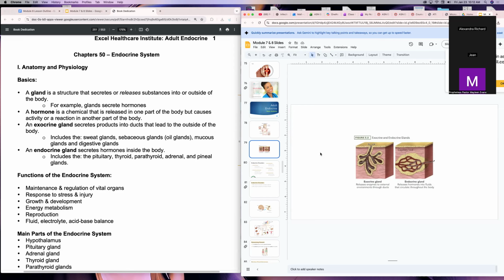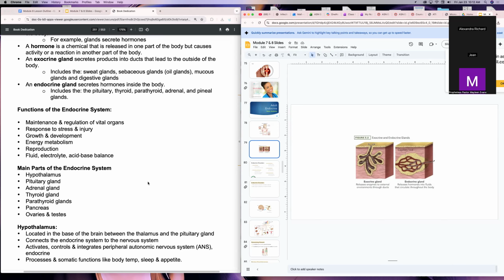So that's an example of the adrenal glands are all the way on top of the kidney. The heart is some distance away from it, but that's the definition of a hormone. It is released from one part of the body and causes activity or reaction in another part of the body. So adrenaline is released from the adrenal glands on top of the kidneys, but then has an effect of increasing the heart rate.